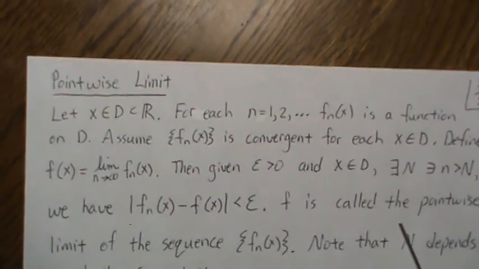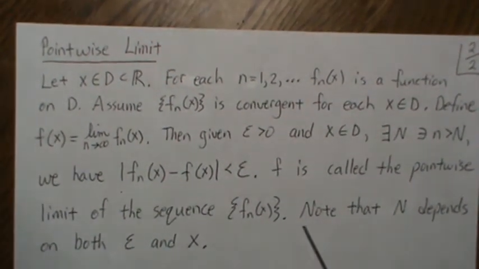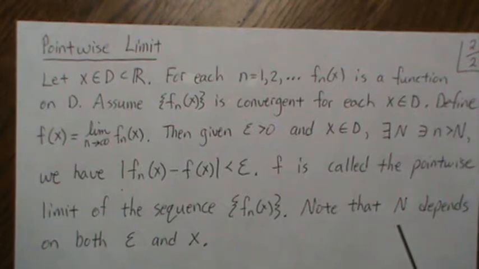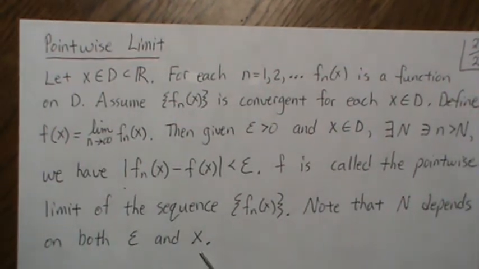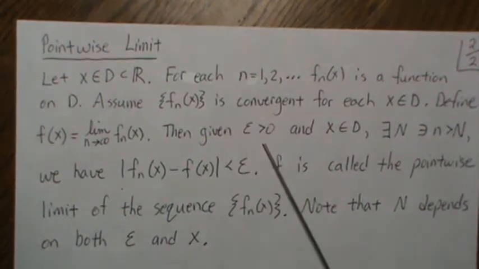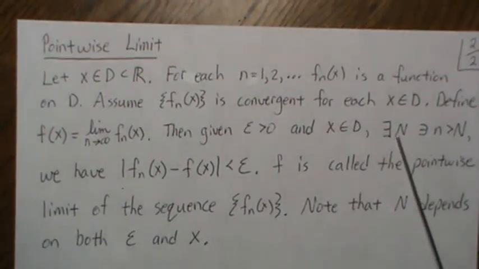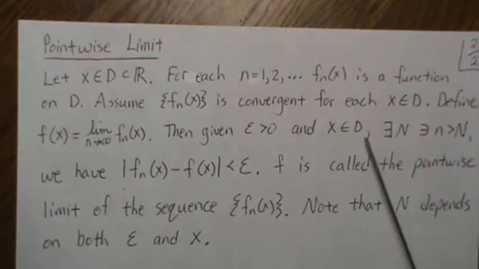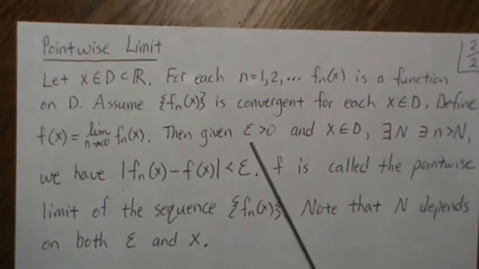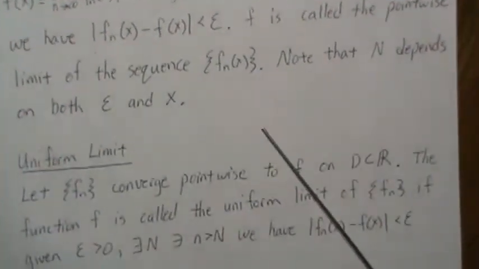Okay, f is called the pointwise limit of the sequence f of n, and here's a note that N depends upon both epsilon and x. So here it's given epsilon and given a point x, then there exists an N. So this is really a function of x and epsilon. Okay, that's the pointwise limit.